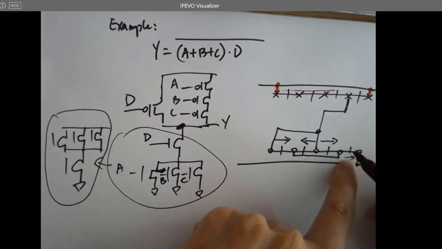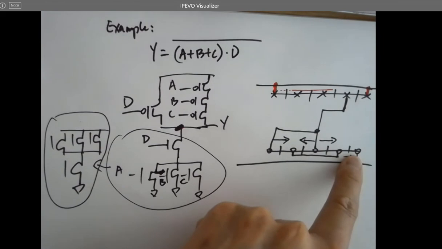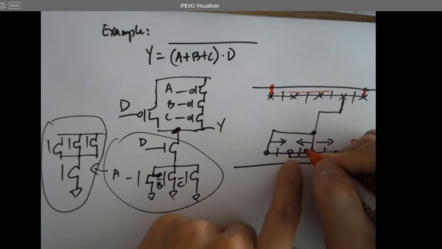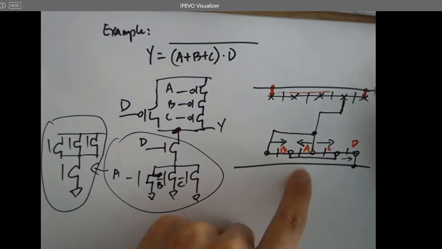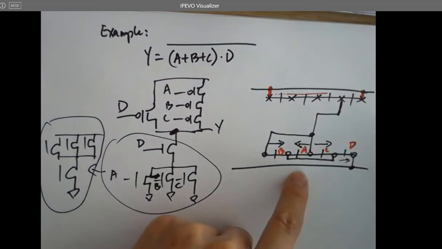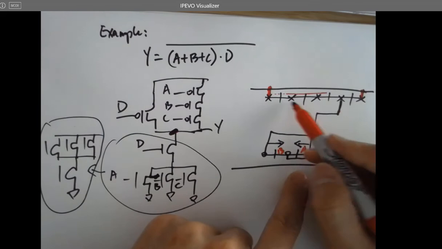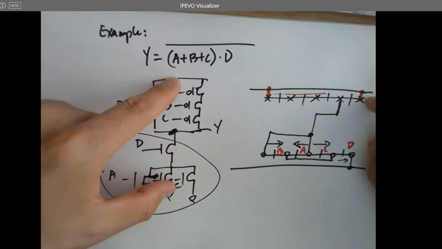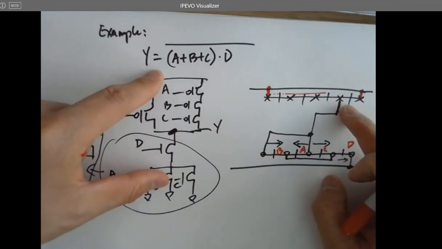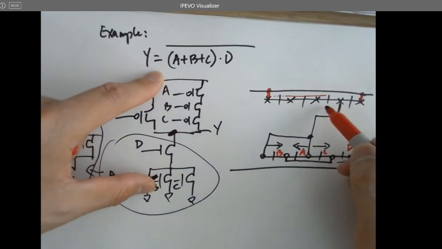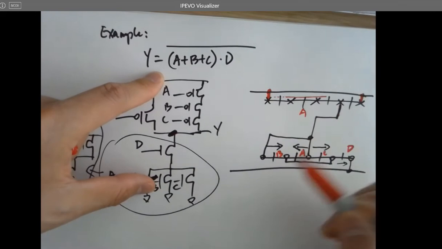What's the signal for this gate? D. Doesn't matter for these 3 signals. In parallel, it doesn't matter, so you can label A, B, C. It depends on all the signals on the top, right? So which way is easier to assign. Now label the signal for the PMOSes. Signal being introduced from the VDD, and there will be 3 PMOSes. So A, B, C, right? Since I have A here, I'll just label A here.